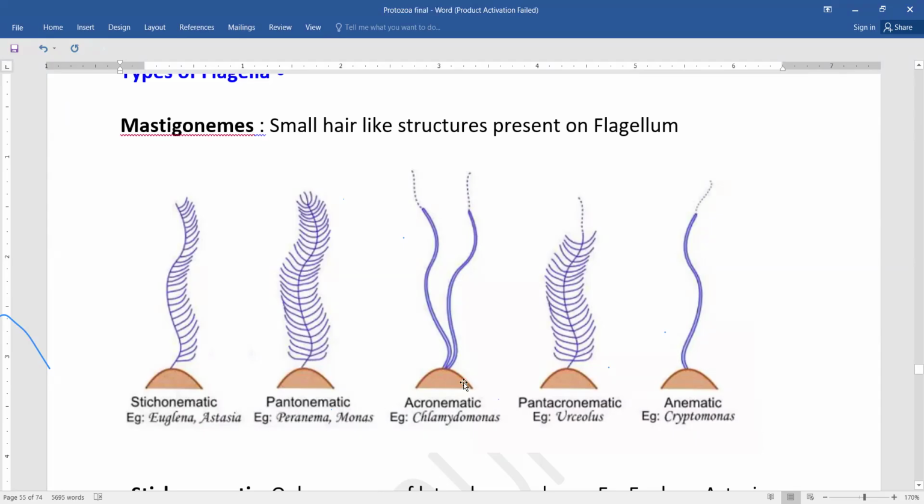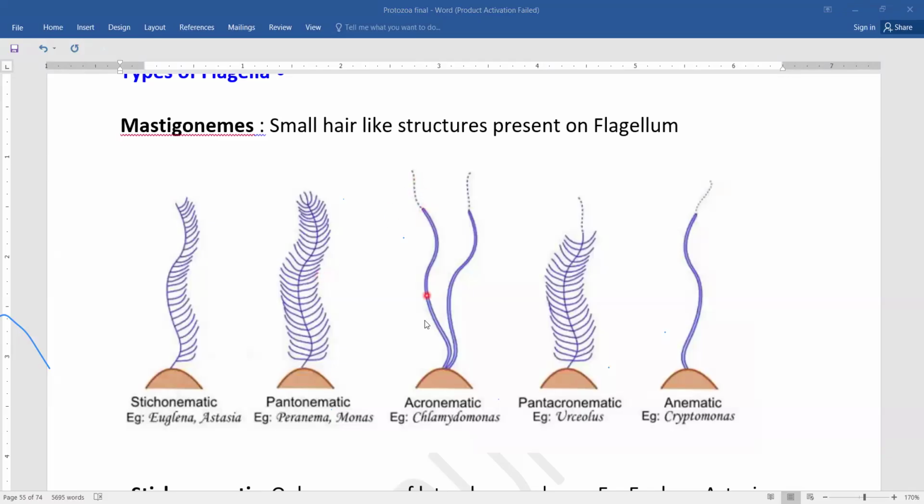And then acronematic. This is a little bit confusing. Simple. They have given two diagrams here, taking one is enough. If this is a flagellum, the acronematic flagellum doesn't contain any hairy mastigonemes, but it contains a terminal filament, a tapering hair-like structure which is naked, just like a mastigoneme.